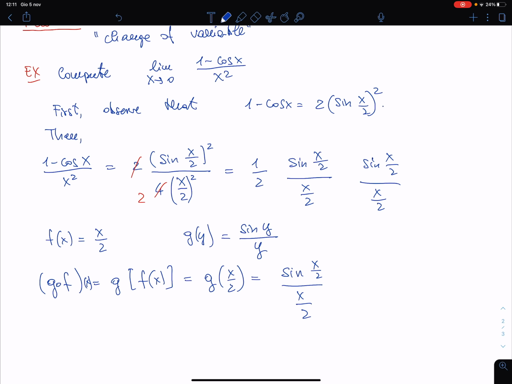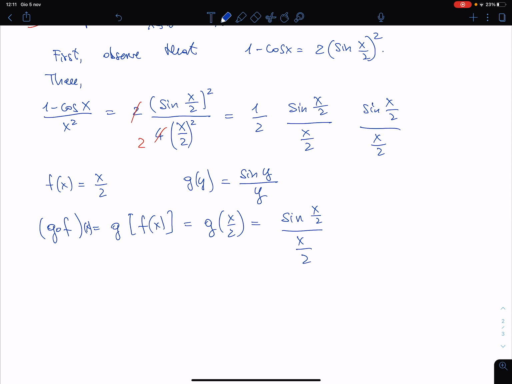Okay. Now here we have that the limit for x going to 0 of f of x is equal to the limit of x going to 0 of x over 2, which is obviously equal to 0.